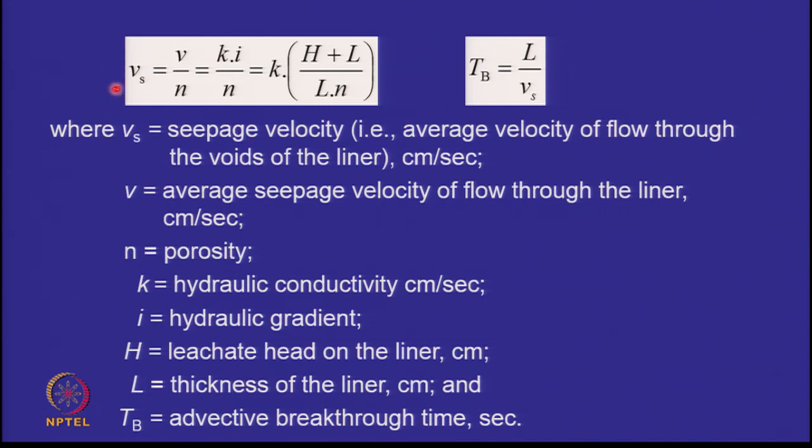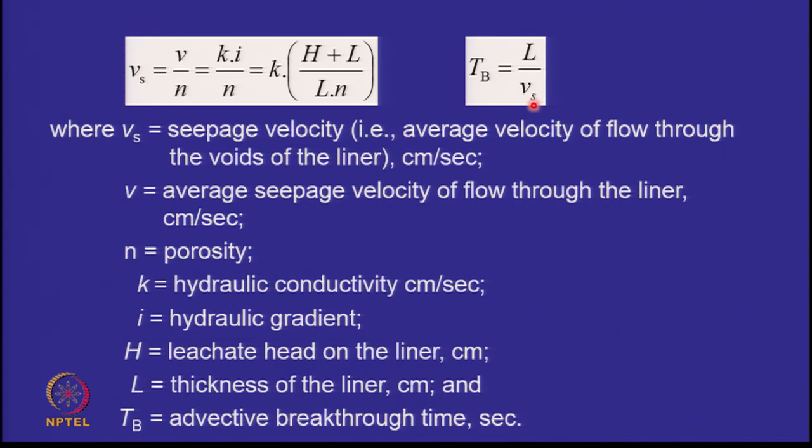So Vs is defined as the seepage velocity through the voids, which is nothing but V divided by porosity. So I can get the value of Vs. If I know the value of Vs, the leachate has to travel the length L, which is the thickness of the liner. So the breakout time is L by Vs.